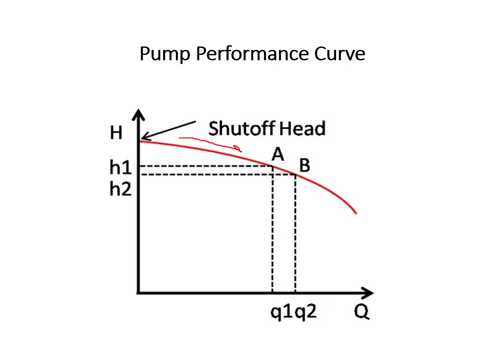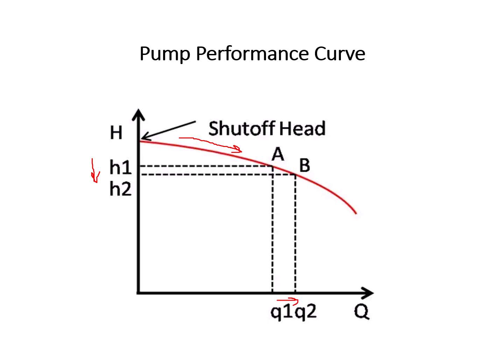It drops gradually to the right, and this shows that as flow increases, head decreases. For example, at Q1, the head is H1. If you increase to Q2, the head will be H2, which is less than H1. So it shows the inverse relation between the head and the flow rate.